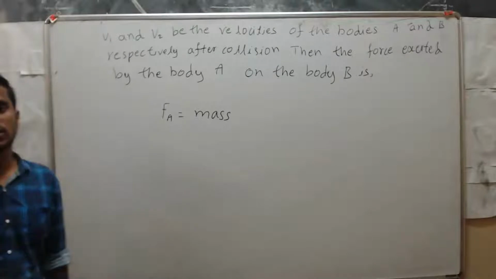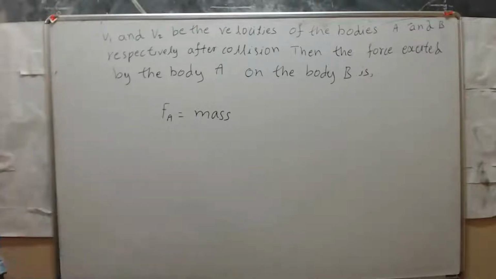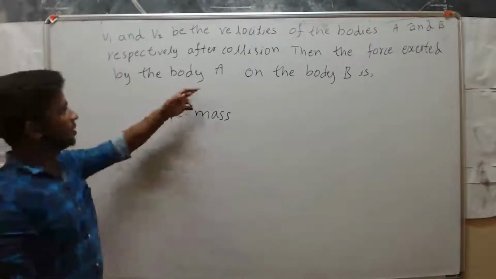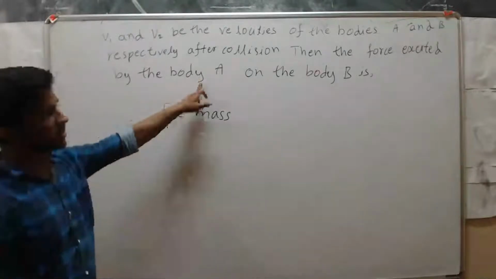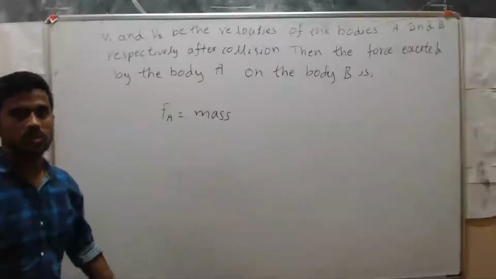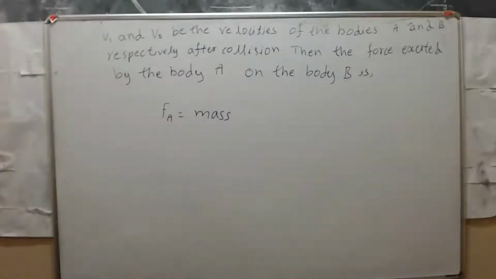We know the formula: F is equal to mass into acceleration. Here object A exerts force on B, so FA is equal to mass of B into acceleration of B.